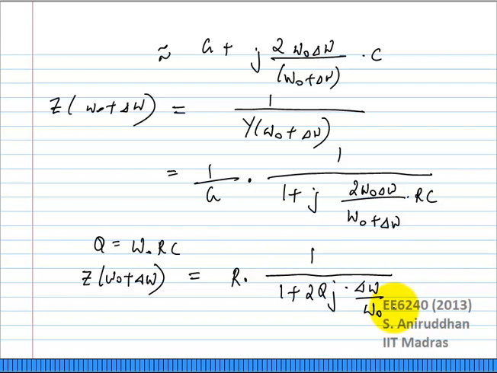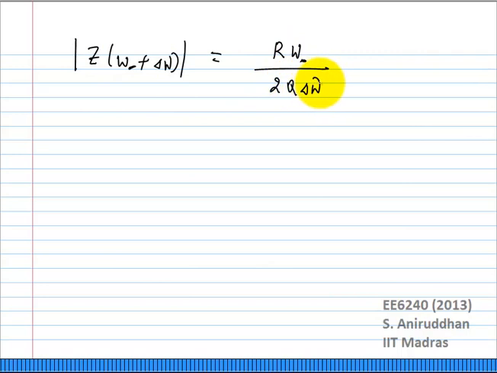Now we need to find out the magnitude of the impedance. Then multiply the current noise by the magnitude of the impedance squared to give us the voltage squared number. So the magnitude is R omega naught over 2Q delta omega.